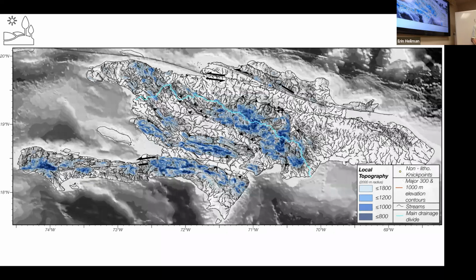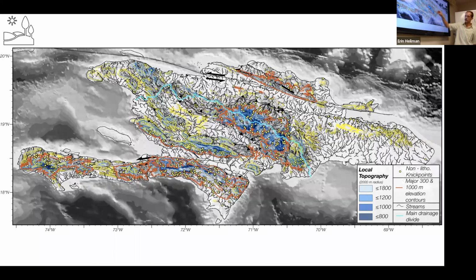So varying sized valleys. But if we stack on top of this, now in yellow, these yellow dots are going to be the nick points. So this is a change in elevation, a change in slope of the stream. This can be caused by a fault. So if a fault comes up, it can change the stream from going from steep below the fault to shallow above that fault.